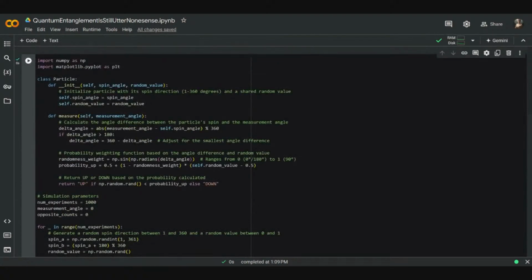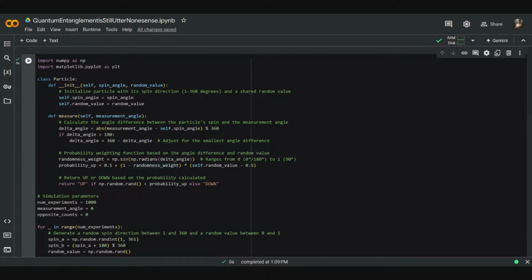So let's see. Okay. So in itself, spin angle, random value, spin angle, random value, that's fine. Measure. This is it. Let's take a drink of water. There's no reason in the world this should fail. There's no reason in the universe this should fail.